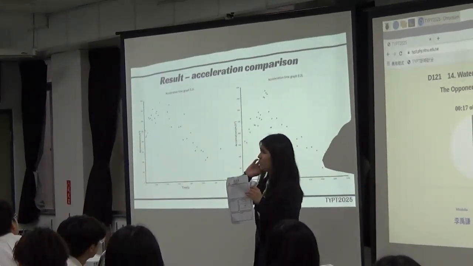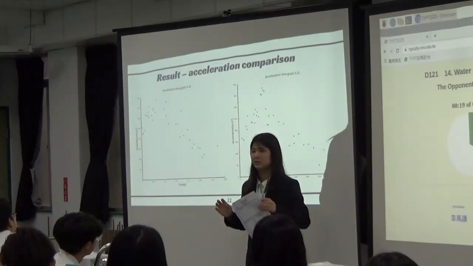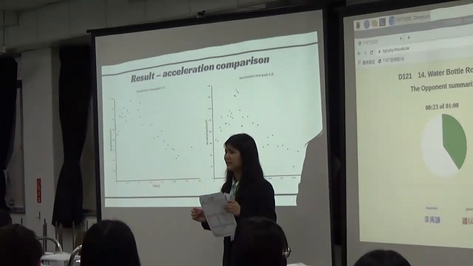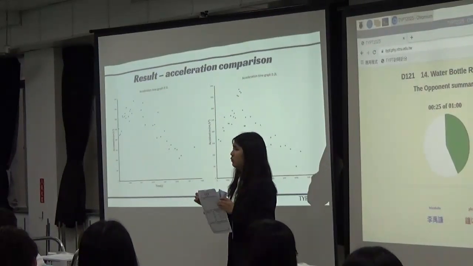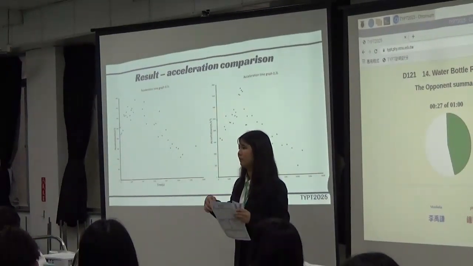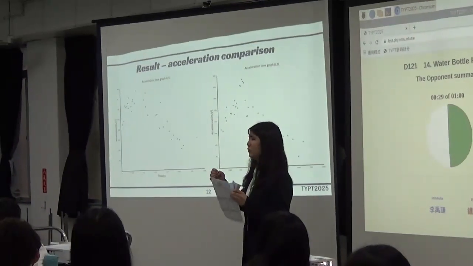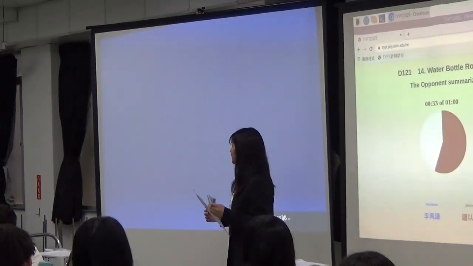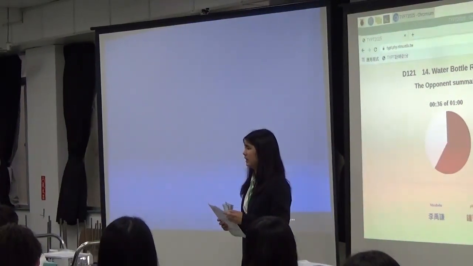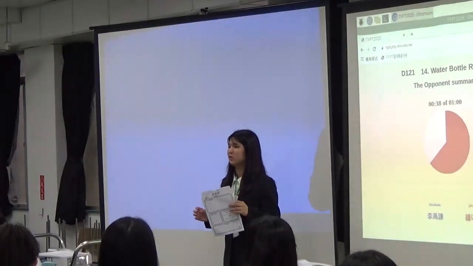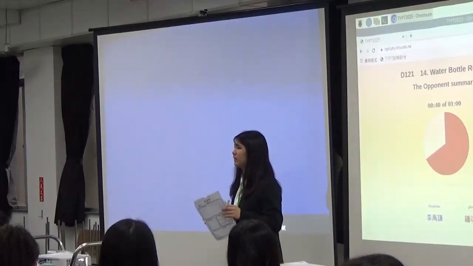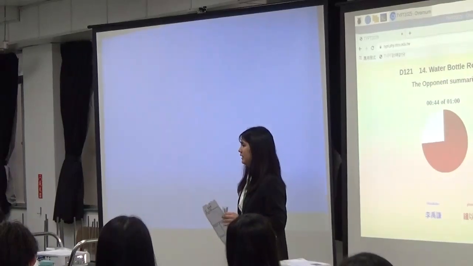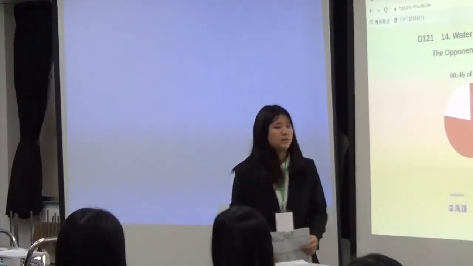There will also be a practical effect, because he used the water volume as his manipulated variable, which also affects the weight of the whole water bottle and causes the force to go down, and that will also affect the acceleration data. I think he should also consider the air resistance in his experiment. That's all. Thank you.